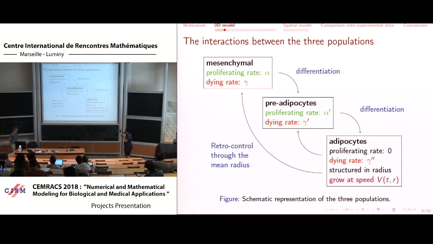So that's why we will structure the adipocyte population by radius, and consider that there will be no more proliferation for adipocytes, but there will be a dying rate, and of course a growth at speed v of t, r. And then the last interaction is a retrocontrol through the mean radius of the adipocytes over the differentiation rate of mesenchymal and pre-adipocyte cells.